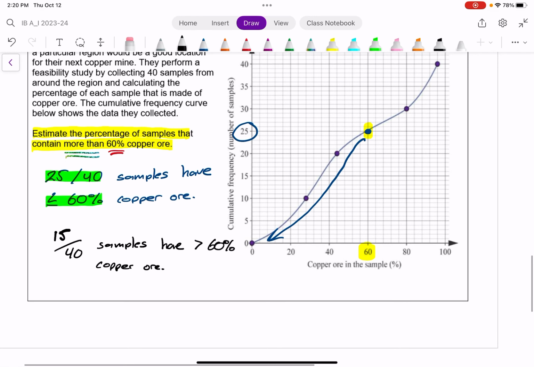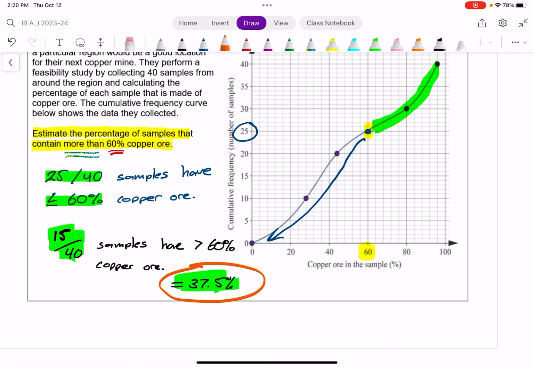All of these samples here have more than 60% copper ore. So what percent of the total? Well, it's 15 out of 40, which is 37.5%. So 37.5% of all the samples have more than 60% copper ore.